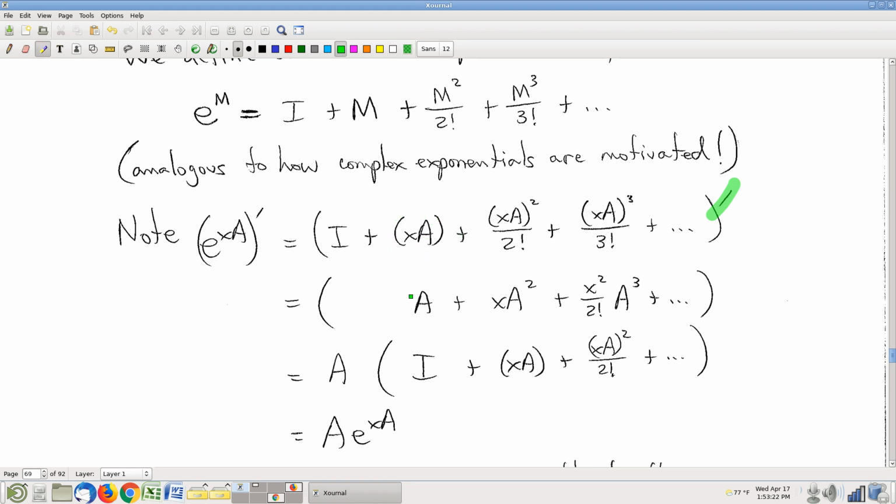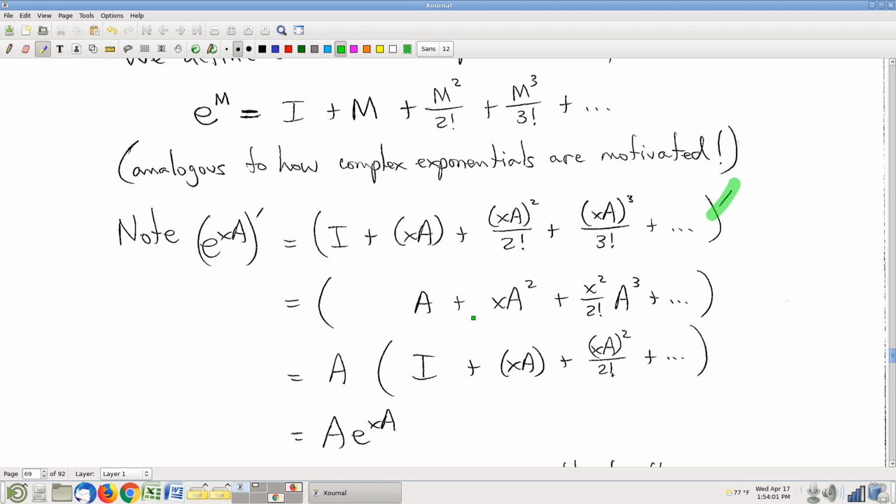So the derivative of xA, pretty easy to persuade yourself, is just A. Okay? Continuing, what we have here is a constant, A squared over 2 factorial, times x squared. So again, a constant matrix times x squared. The derivative acts on each of those individual factors of x squared, and each x squared turns into a 2x. And so that turns into that. Et cetera, on down the line.